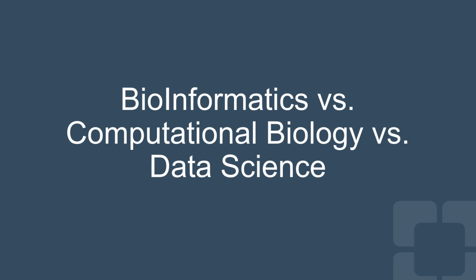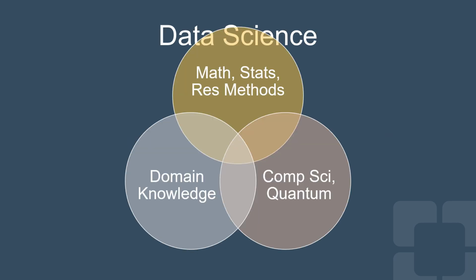Now let us take a look at the terms bioinformatics, computational biology, and data science. At times, these terms are used interchangeably, but let's take a look at one perspective of how these could be used. This Venn diagram gives us an idea of how to organize or classify these terms.